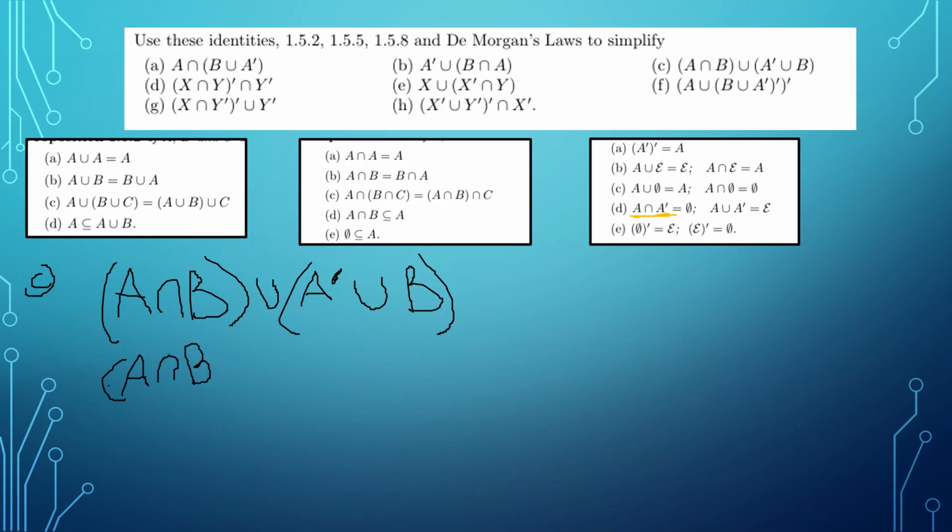Okay, A intersection B in brackets, and then what you want to do is you want to flip the B over to the A side, bring it to this side, and you want to take not A and you want to put it where B is.